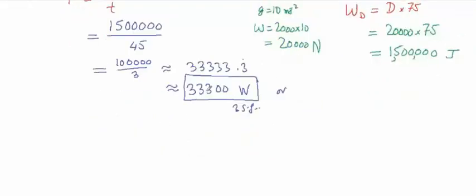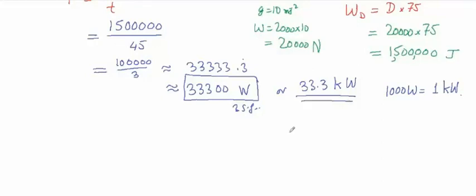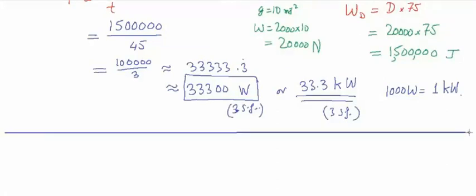We divide this by 1000, so it will be 33.3 kilowatts, because 1000 watt is equal to 1 kilowatt. So this is a better answer, 3 SF, in finding the power.